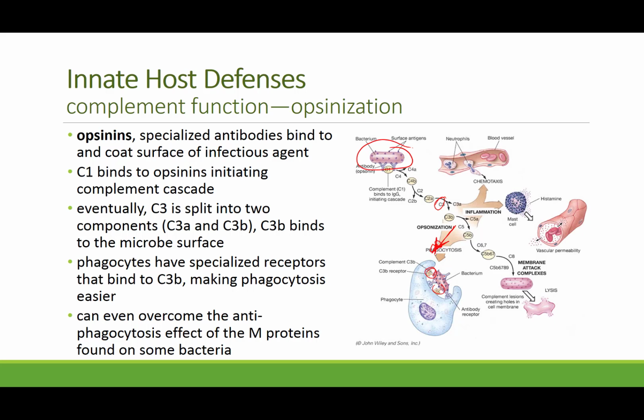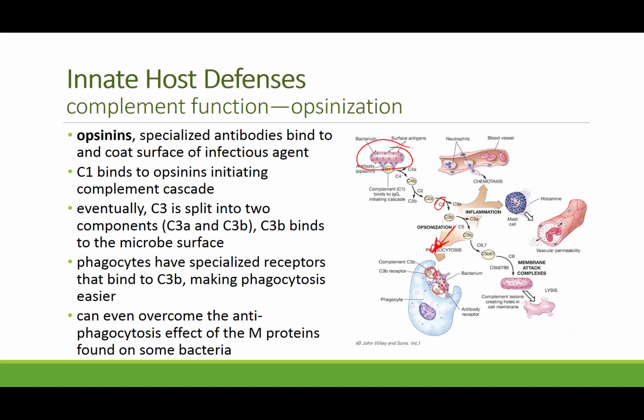And so this opsonization can overcome the anti-phagocytosis effects of the M proteins that are found in bacteria, and we talked about those before, and make something that otherwise would be very difficult or impossible for a phagocyte to consume, to engulf and then break down, make it possible for them to do that.